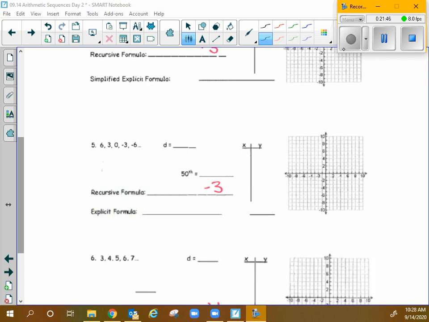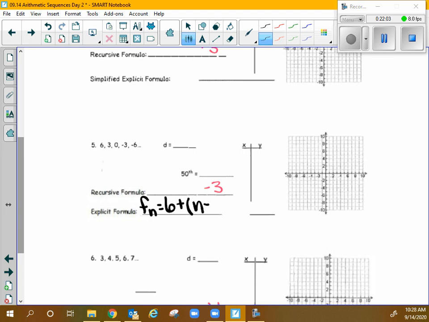Okay, so f of n equals, what's my first term? 6. I'm looking at number 5. Okay. So 6 plus n minus 1. Now, what do I need on the very end there? Negative 3, the common difference.